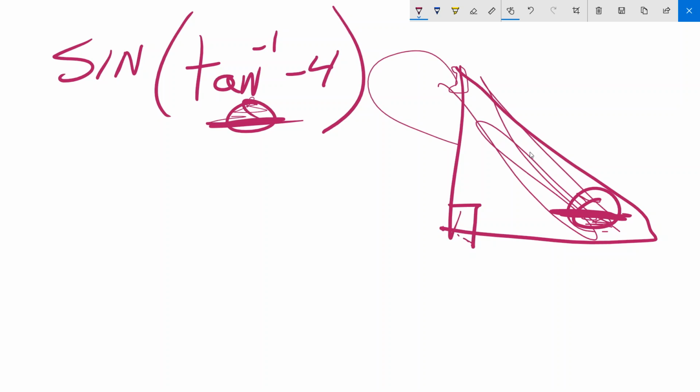Nope. Tangent is what? Okay. So opposite over adjacent has to be 4 over 1. Right? So that's 4. That's 1.